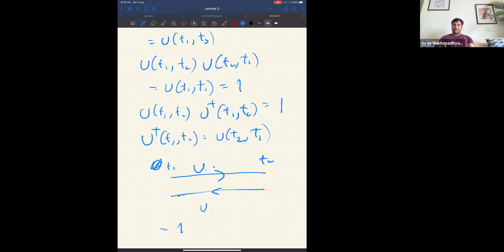It's important that it has to be the same Hamiltonian, since U is always with respect to some Hamiltonian. However, if I'm going forward using one Hamiltonian and going backward using another Hamiltonian, then they will not cancel out, and this is not going to be identity. But as long as they are with the same Hamiltonian, they simply cancel out. So this is something to keep in mind.